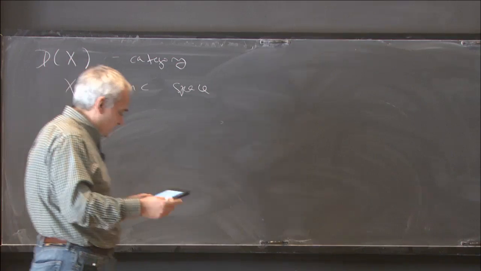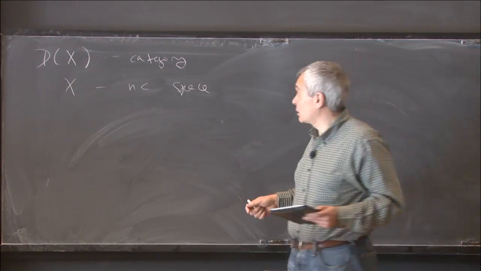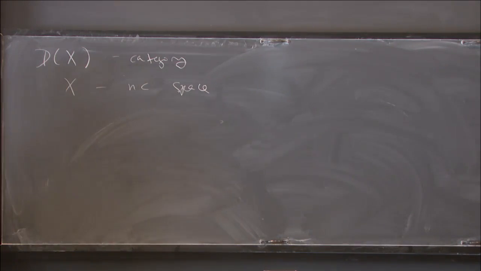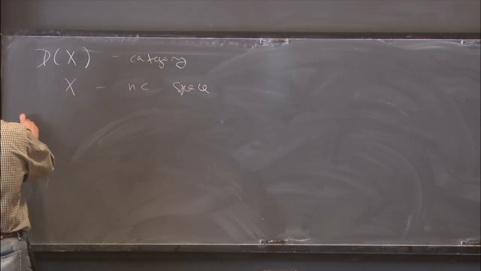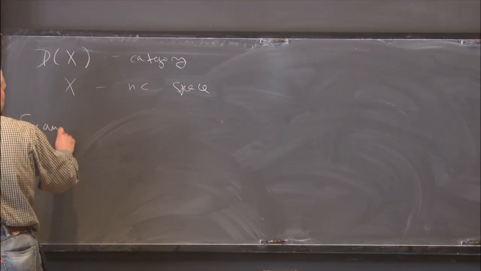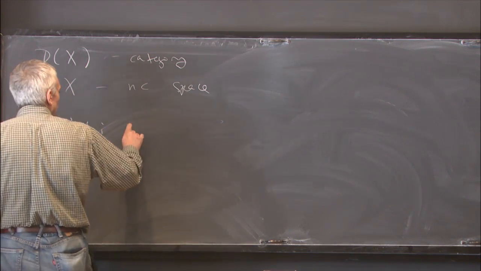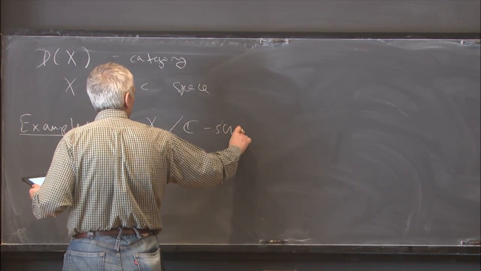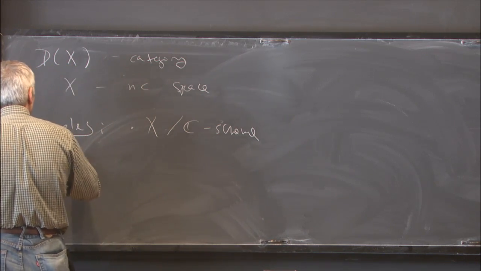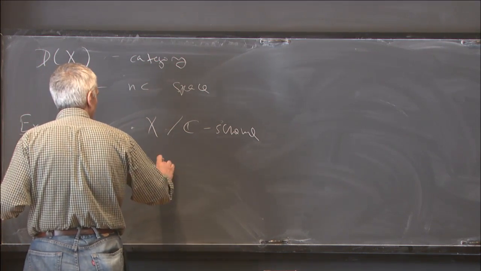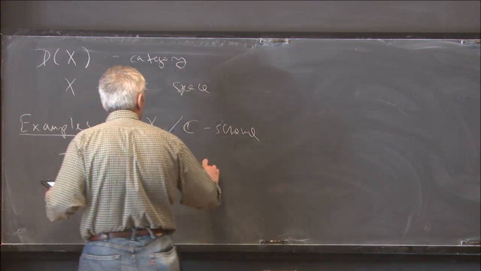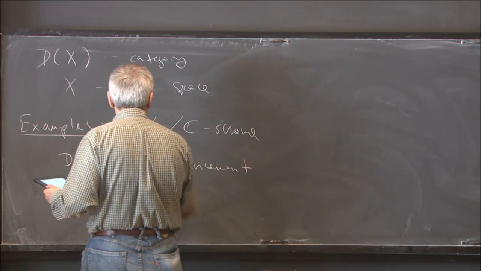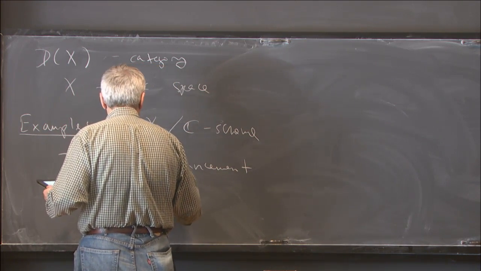the typical examples, of course, are the ones that we've all seen, right? If X is a scheme over C, then you take D(X) to be a DG enhancement of the derived category of quasi-coherent sheaves.